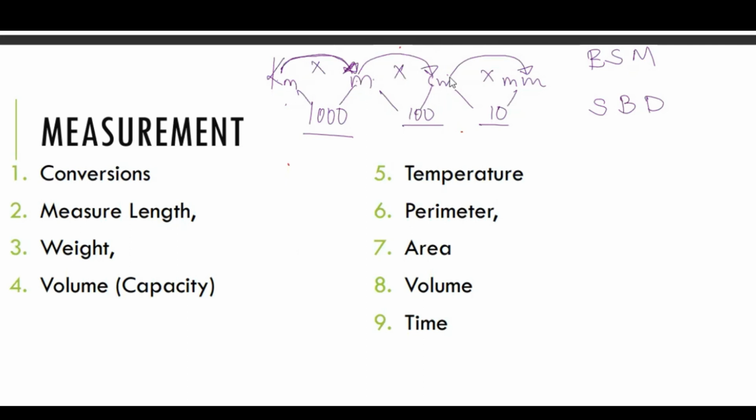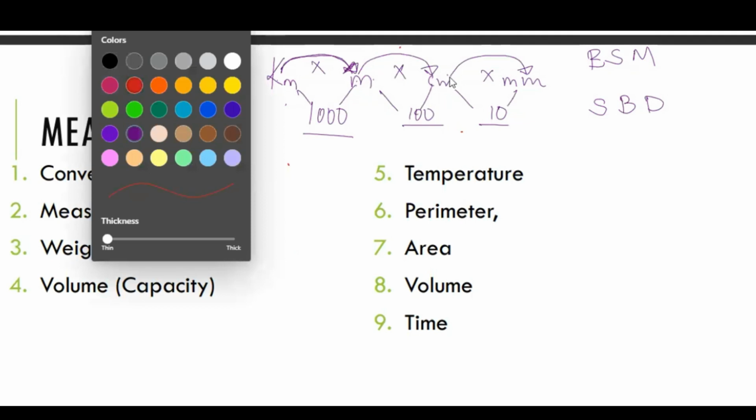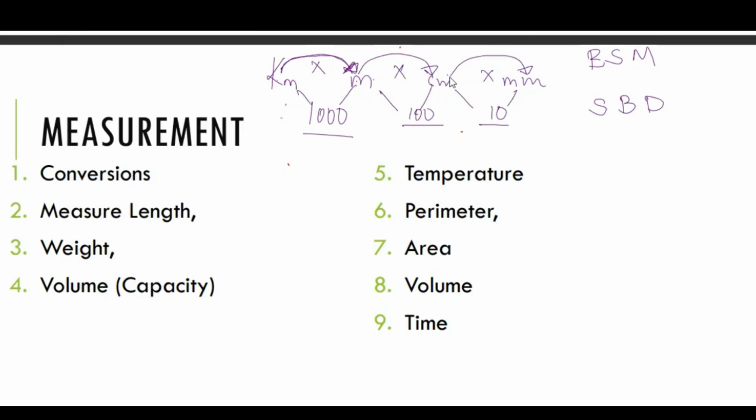So the other way around, small to big. Now we've been moving from left to right. Then if you're moving from right to left, this is when you need to divide. Left to right, you need to multiply.